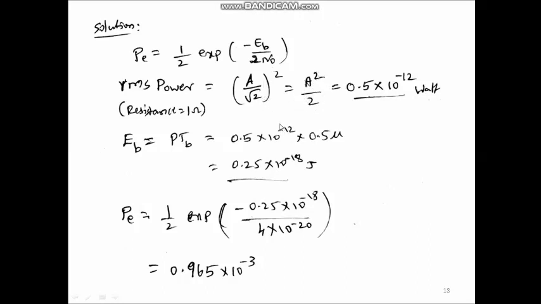Substituting the value of A, we get the RMS power as 0.5 into 10 raised to minus 12 watts. Then find the bit energy, Eb equal to P into Tb, power into bit duration. You will get the value as 0.25 into 10 raised to minus 18 joules. Next, substitute in the probability of error equation and you will get the final answer as probability of error equal to 0.965 into 10 raised to minus 3. So, this is the probability of error value for non-coherent BFSK detection for the given data.